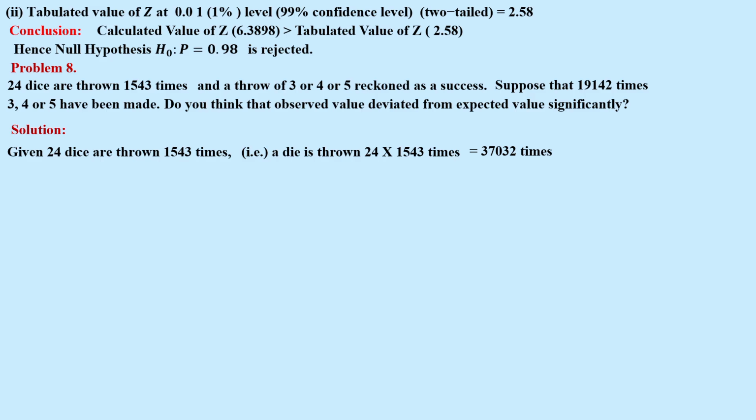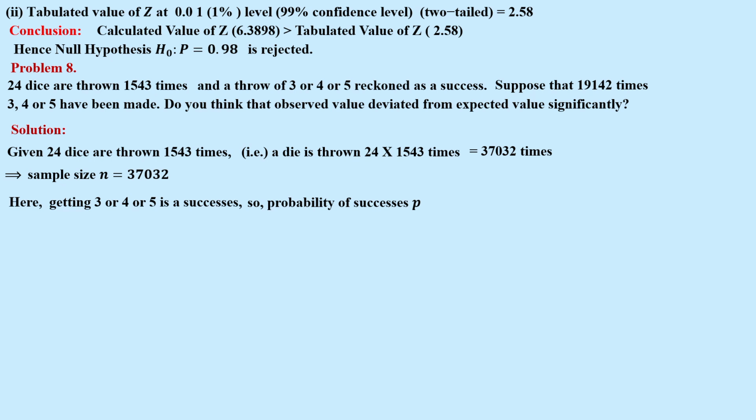So 37,032 times. Sample size n is equal to 37,032. Here getting 3 or 4 or 5 is a success. So the probability of success P is equal to probability of getting 3 or 4 or 5.